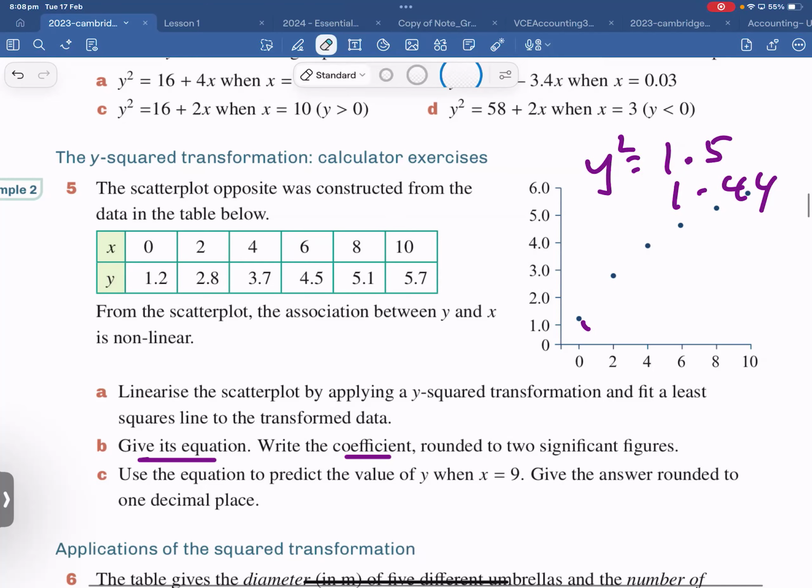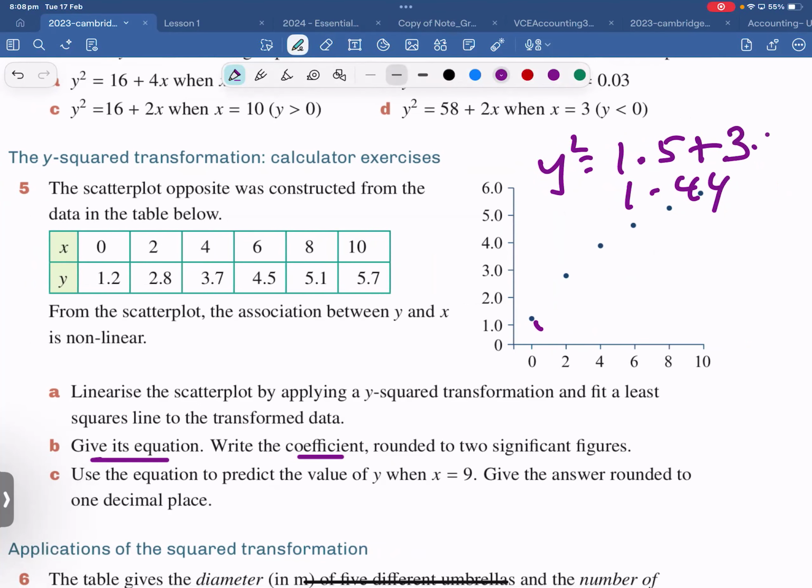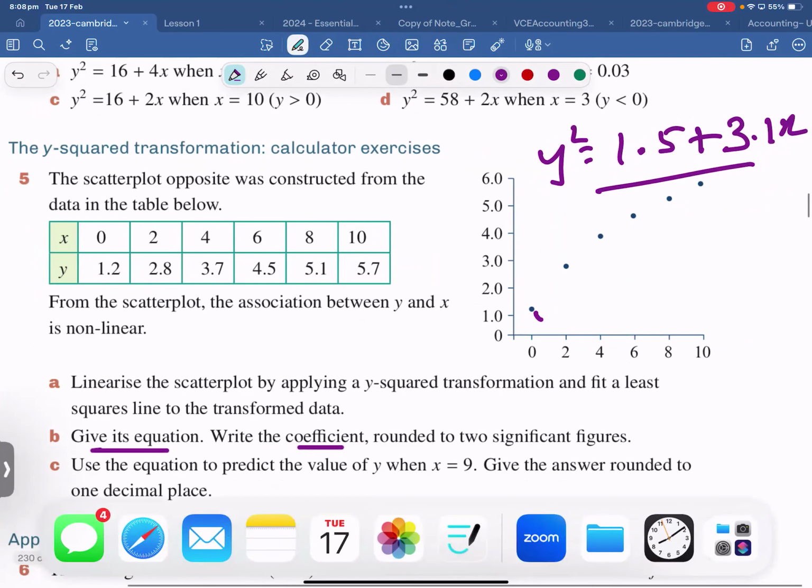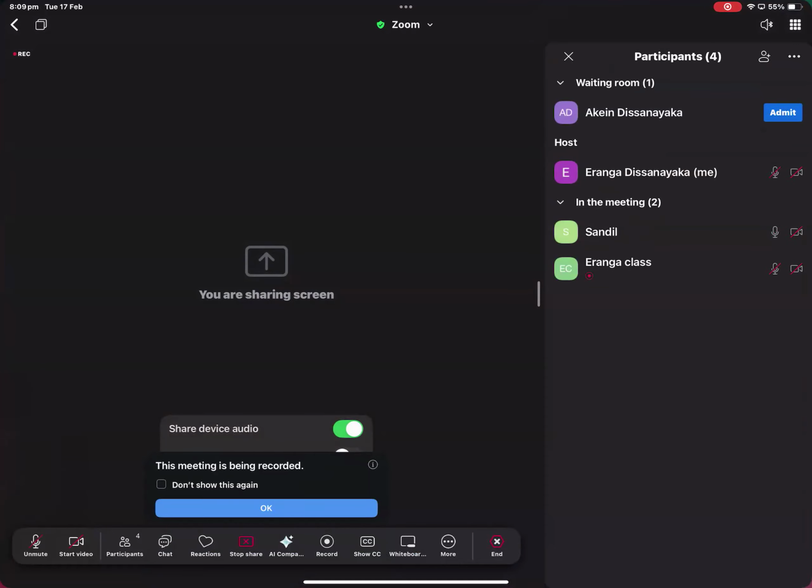Okay, guys, then y squared equals 1.5 or 1.44 plus what is the coefficient of x? 3.1x. Sandhya, did you get a value for this one, the equation? Sir.